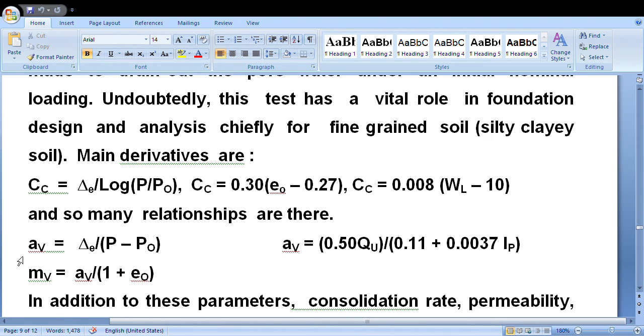Another is compressibility, which is change in void ratio divided by pressure change. MV is compressibility divided by 1 plus e0. This is another equation. There is also the relation using half of the unconfined compression test value, divided by the IP values. But this empirical relation gives some higher values, so we should follow these values only.